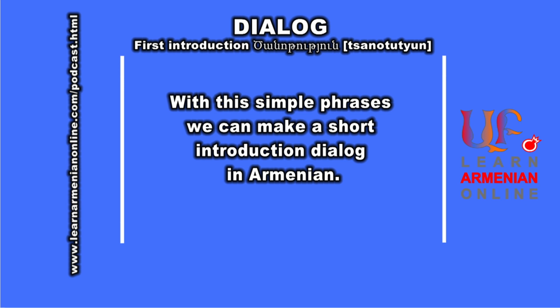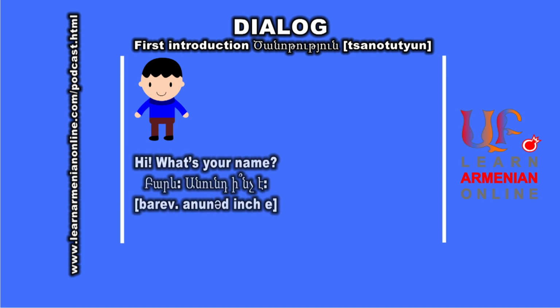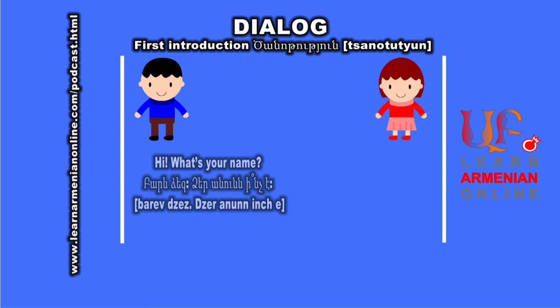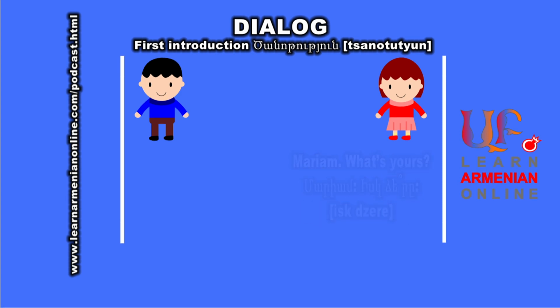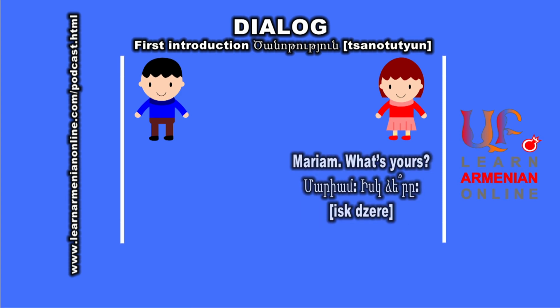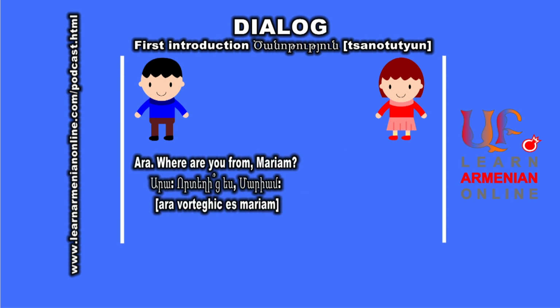With these simple phrases, we can make a short introduction dialogue in Armenian. Hi, what's your name? Բարև, անունդ ինչ է? Բարև ձեզ, ձեր անունն ինչ է? Mariam, what's yours? Mariam, իսկ քոնը? Իսկ ձերը? Ara, where are you from, Mariam? Արա, որտեղից ես, Mariam?